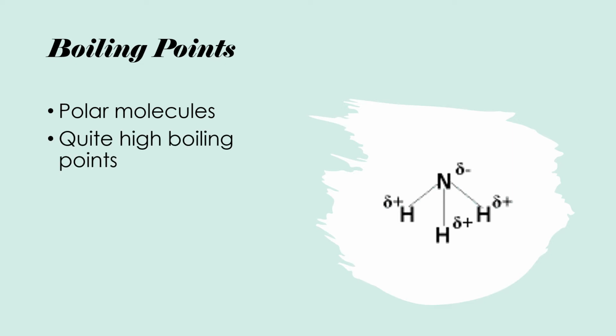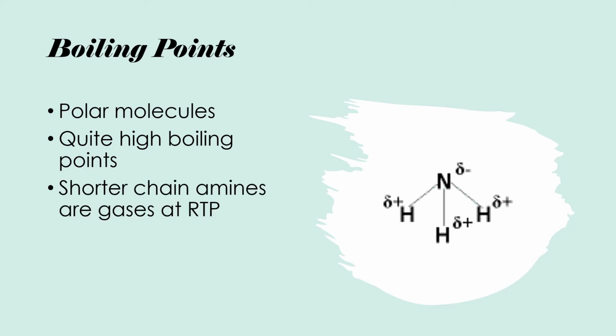The next thing we can say then is that they've got quite high boiling points as a result of that, and that's because of our rule with hydrogen bonds. Remember, nitrogen, oxygen, and fluorine, if they're bonded to hydrogen, can form hydrogen bonds. So we have nitrogen here forming our hydrogen bonds.